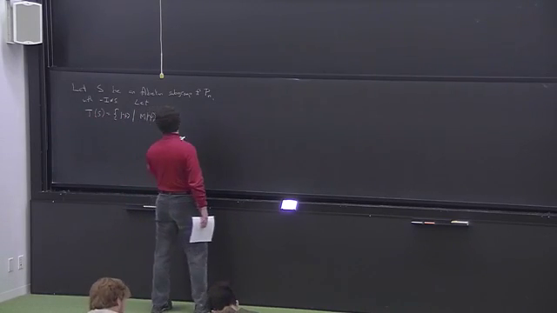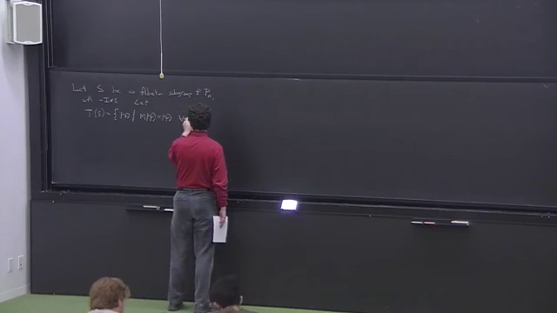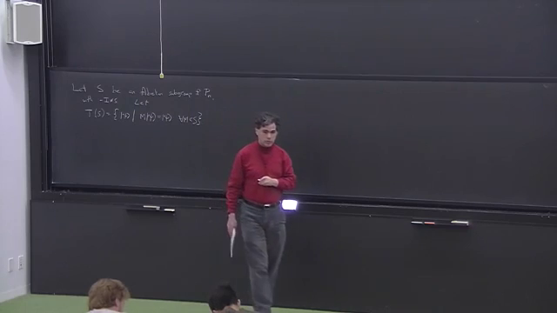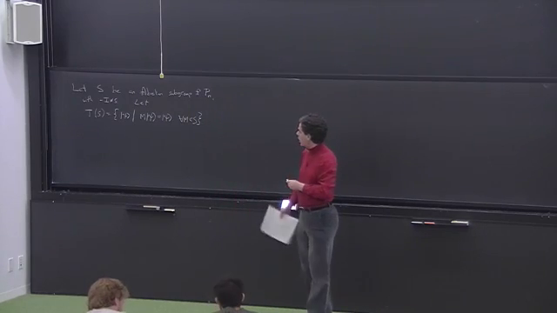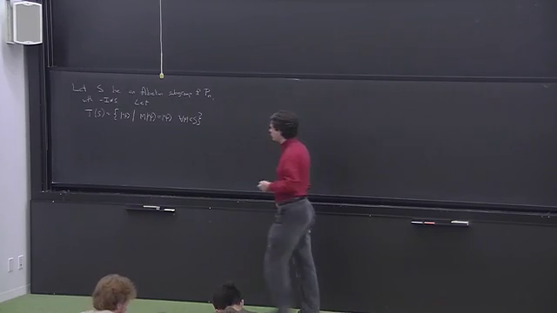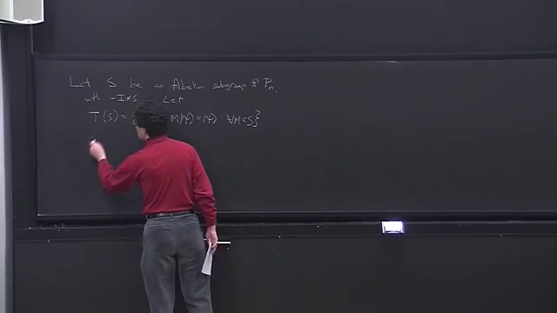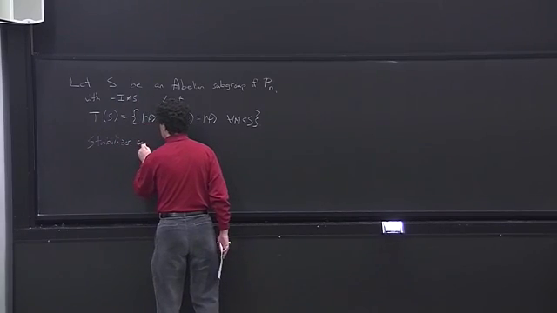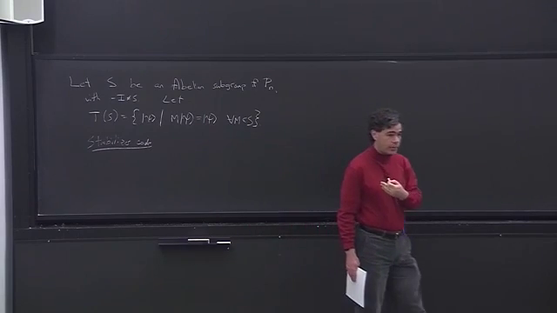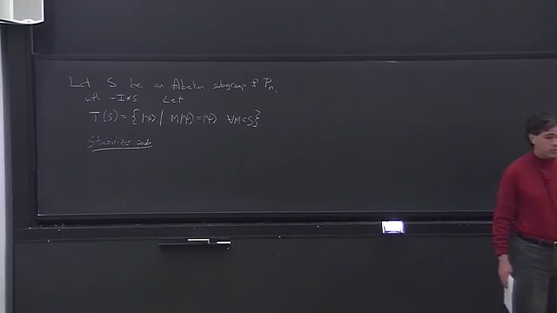Before it was for all psi, but now it's for all M in the stabilizer. Okay? And a code that you derive this way is called a stabilizer code. And most of the time we just talk about the stabilizer, and the actual subspace is kind of implicit.